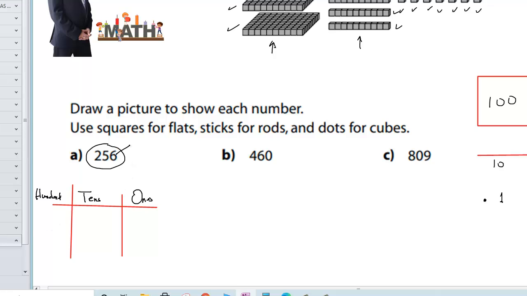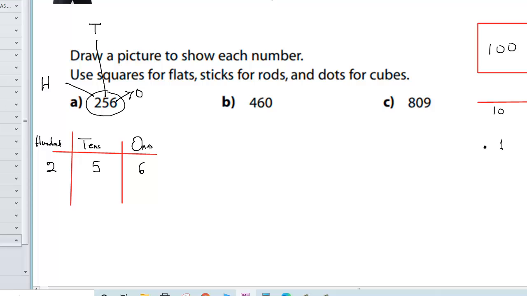So I have 6 ones. This is the first column, ones, 6. The second number here we call the tens, so I have 5 here. And the last one we call the hundreds, so I'm going to write 2 here. That means 2 hundreds, 5 tens, 6 ones.